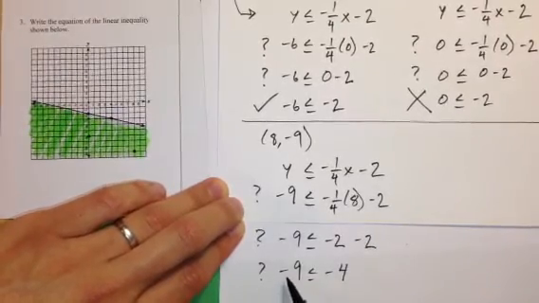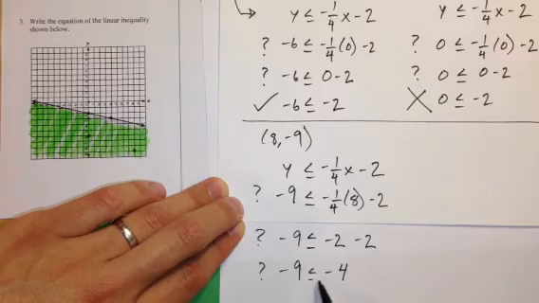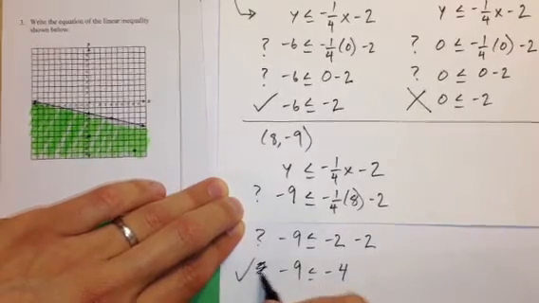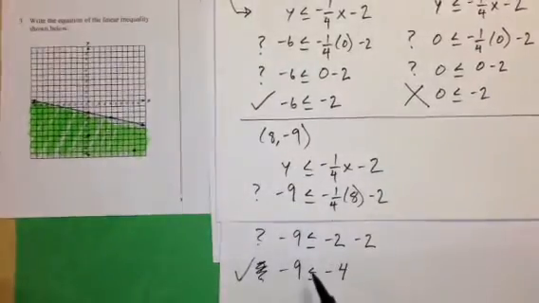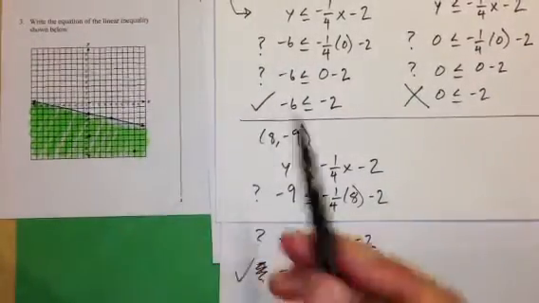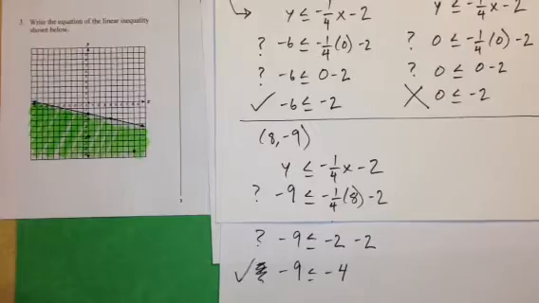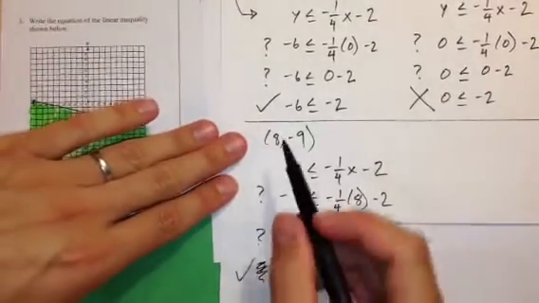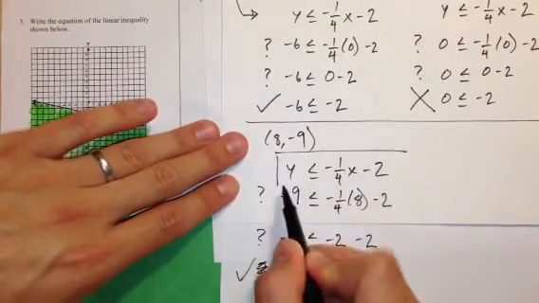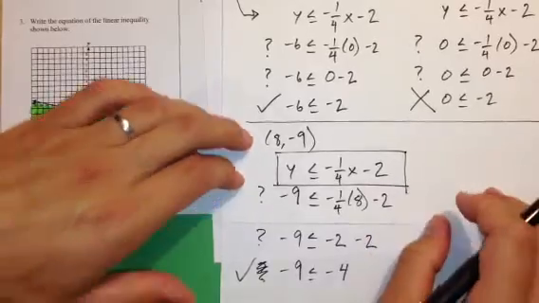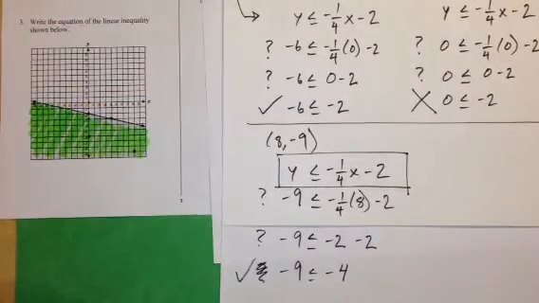Is -9 less than or equal to -4? Yes, -9 is less than -4. So this makes the inequality true. We have identified our inequality correctly. The correct inequality for this graph is y is less than or equal to -1/4 x minus 2.